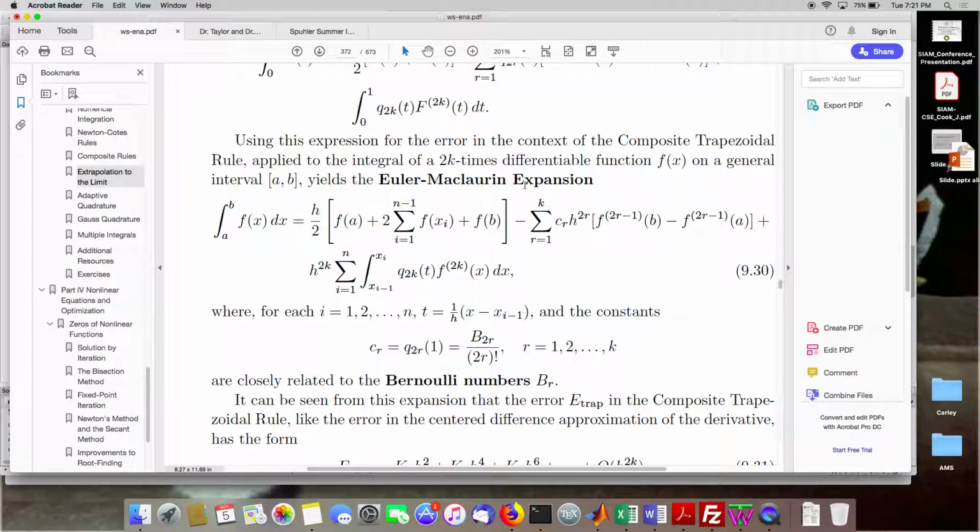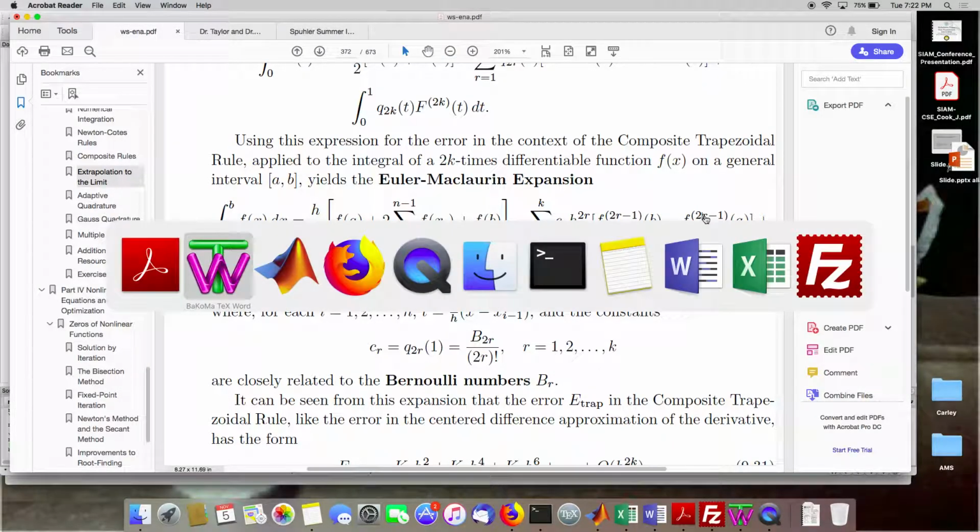Now, k is tied to the number of derivatives that exist. But what if all of them exist? Then any of these would go away. So what does that really mean?